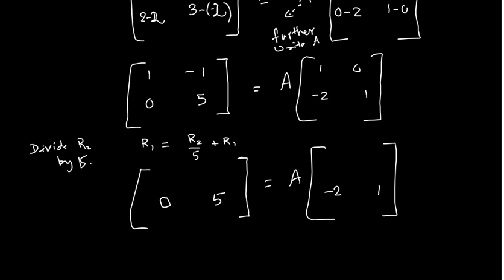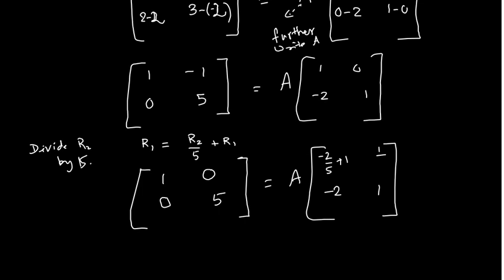R2 by 5, that means 1 here, plus this minus 1, you get 0. R2 by 5, that's minus 2 by 5, plus R1, right? So minus 2 by 5 plus 1, R2 by 5 plus 0, it's by 5.